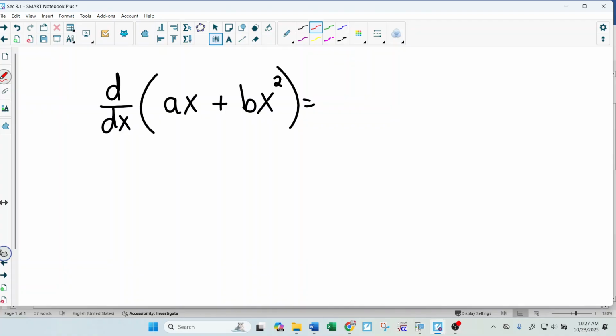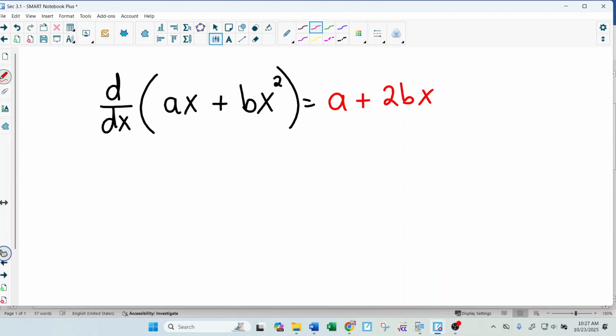A and b are just numbers. What would the derivative of that be? The derivative of x would be just a. The derivative of x squared, I would bring down the 2 and subtract 1. We don't really need the 1 there, but right.